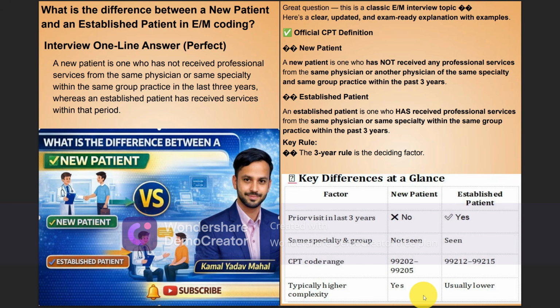Let's discuss another question. What is the difference between a new patient and an established patient? You will see the question here. One-line answer: a new patient is one who has not received professional services from the same physician or same specialty within the same group practice in the last 3 years, whereas an established patient has received services within that period.